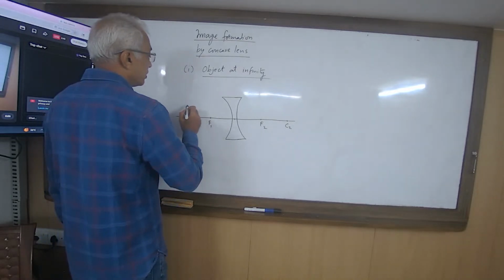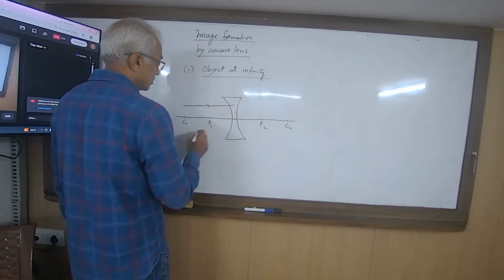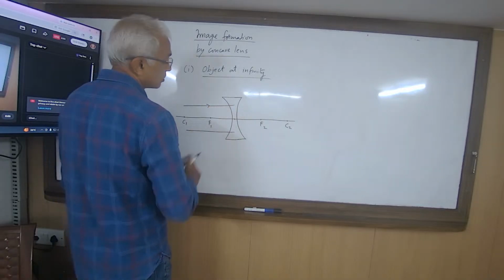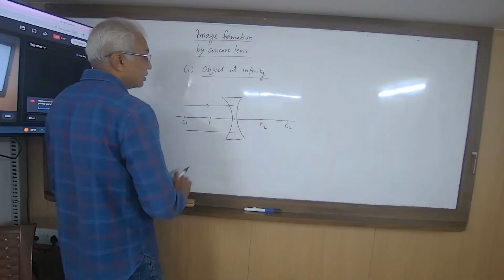So when the object is at infinity, the incident rays are parallel to the principal axis.